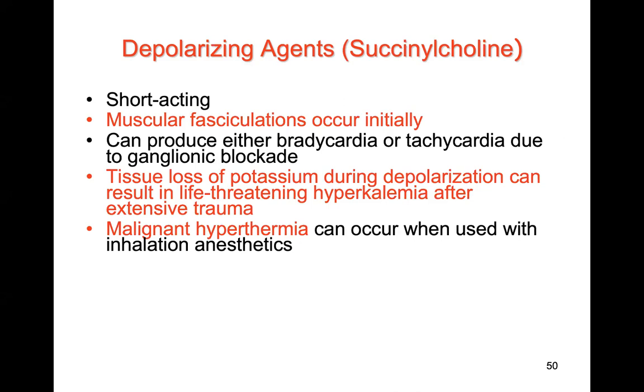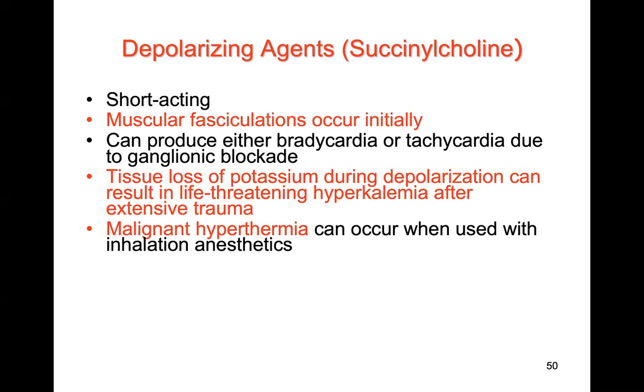One of the biggest things we see is that these neuromuscular blocking agents are used primarily in orthopedic surgery, or sometimes with trauma when they're trying to set or manipulate bones. If somebody has had a lot of trauma, such as a very severe car accident, you don't want to use succinylcholine, because by depolarizing, it can cause a loss of potassium from the tissue.